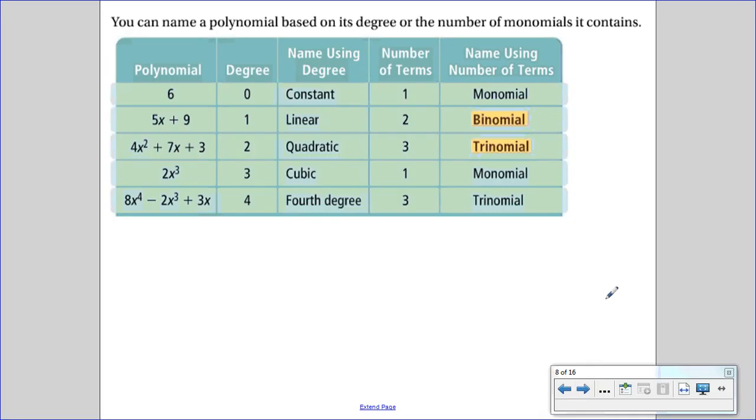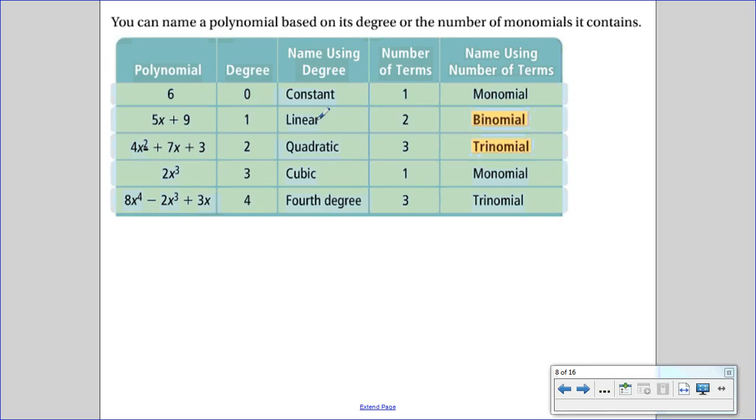Now, depending on the degrees of the polynomial and the number of terms, we give them names. So this polynomial has a degree of 0, this one has a degree of 1, this one has a degree of 2 because there's a 2 right there. This one, the biggest exponent is 3. This one, the biggest exponent is 4. So those are the degrees, and based off of those, when the degree is 0, we call it a constant because it has no variable.